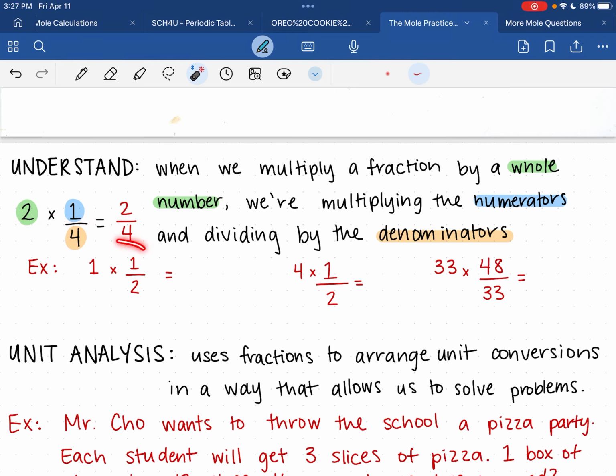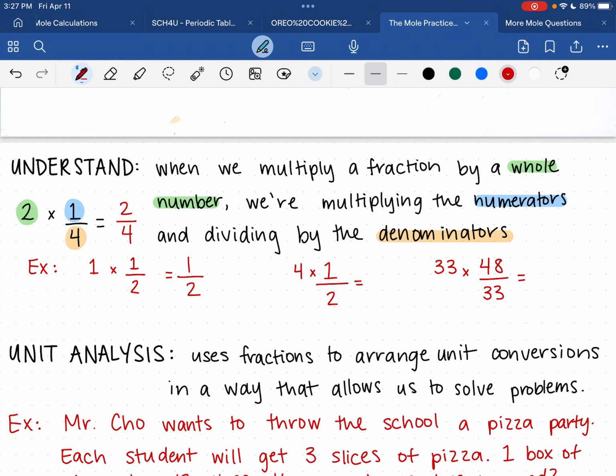So if we look down here, 1 times 1 over 2. So we have a whole number multiplied by a whole number multiplied by a fraction. So 1 times 1 is just 1. And then what's left in the denominator is still that 2.